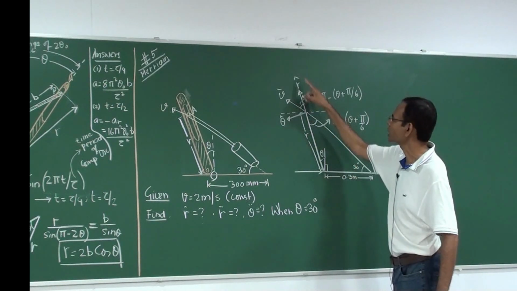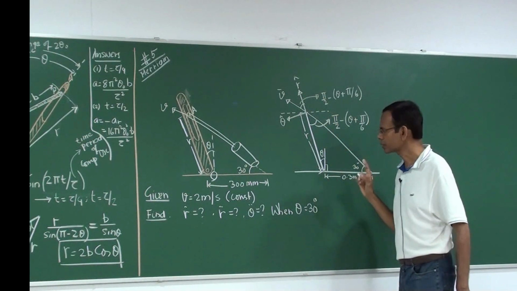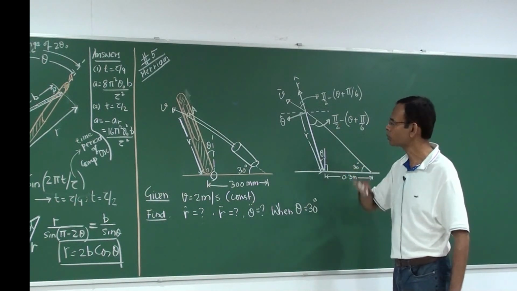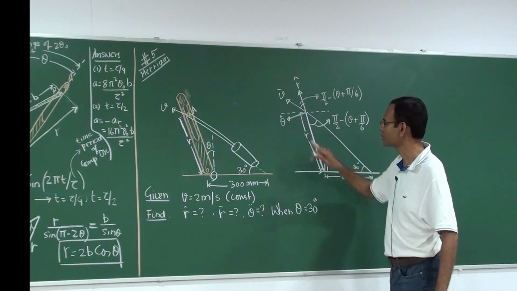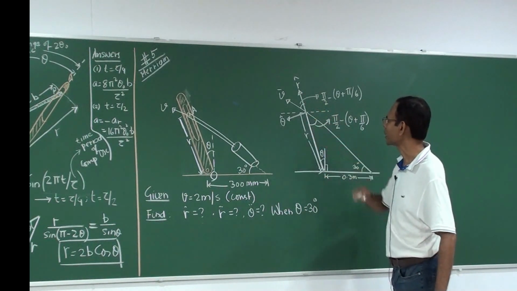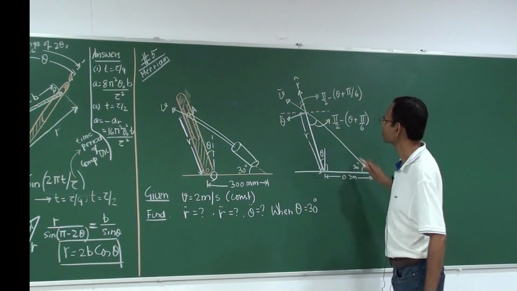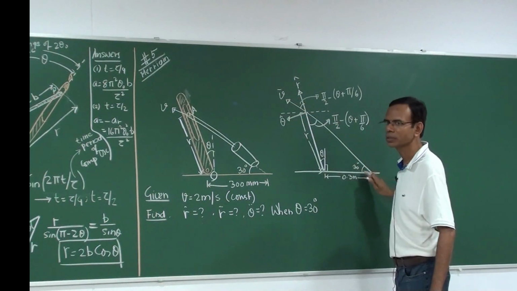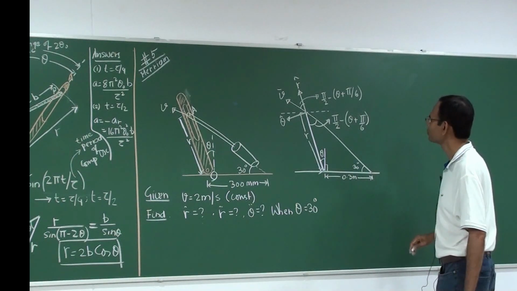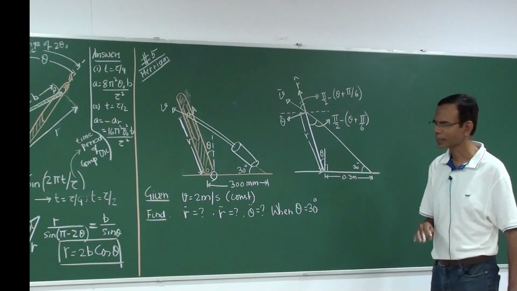This is your r cap. Always be careful about what your r cap is, basically the one you are calculating r cap and theta cap about, with the fixed origin. So r cap and theta cap. This is your velocity vector. The acceleration vector is also along this direction. There are a lot of equations you can write down, though not all are necessary.